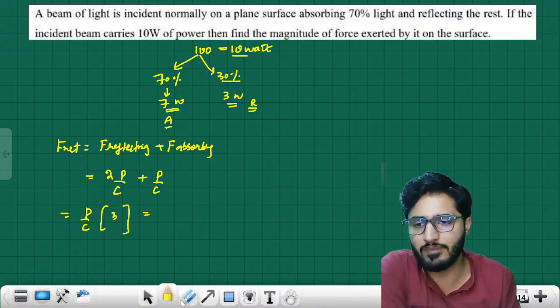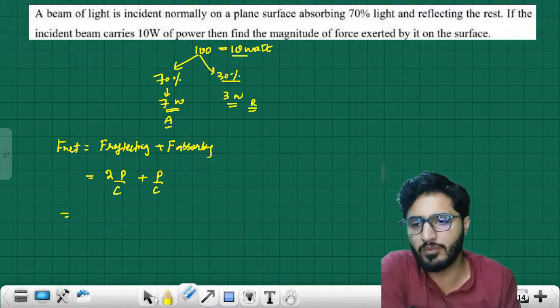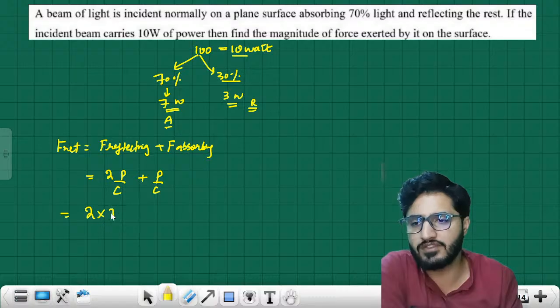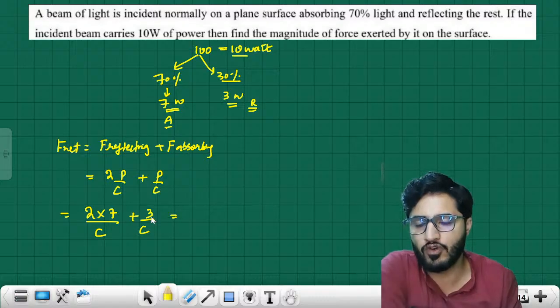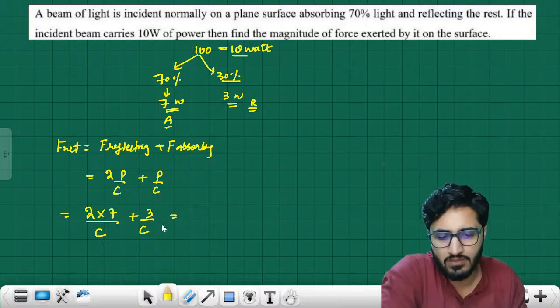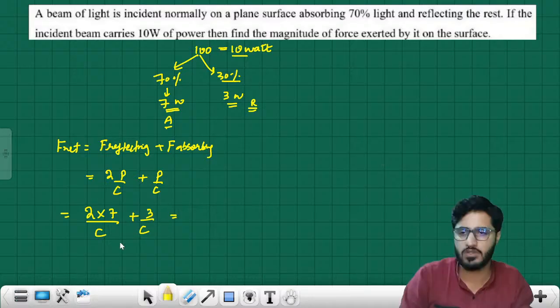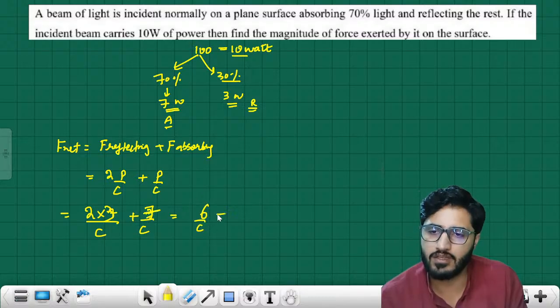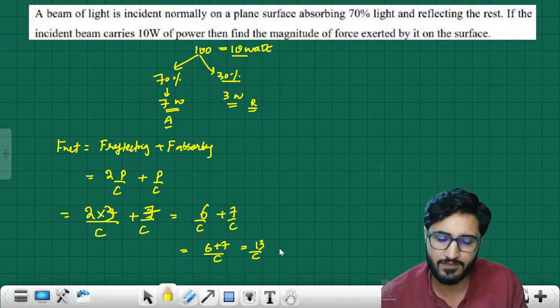No, we have different P now, so we cannot take P common, right? So for reflecting, 2P, where P is 3 divided by C. For absorbing, P is 7 divided by C. So it is 6 by C plus 7 by C, which is 13 by C. Done.